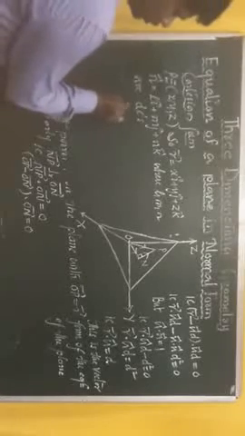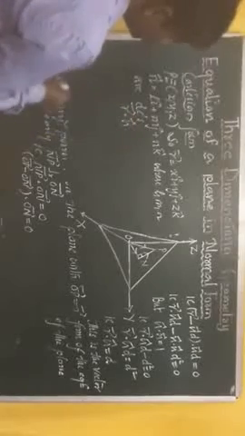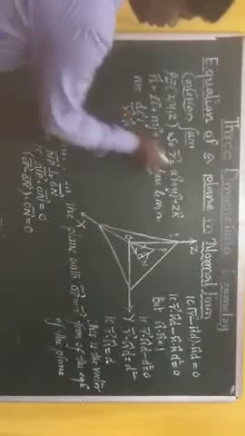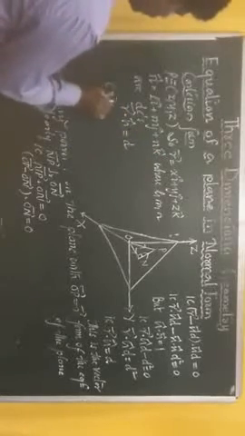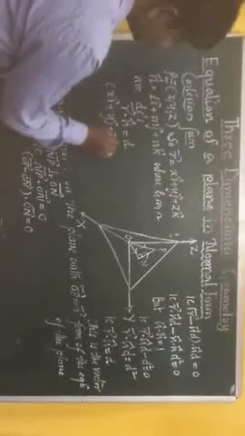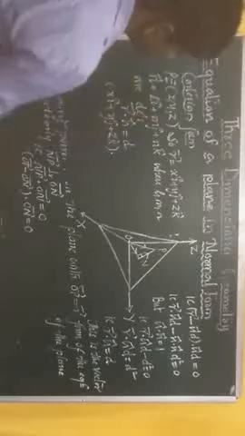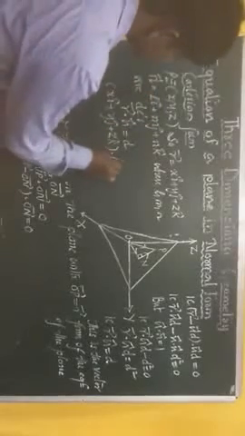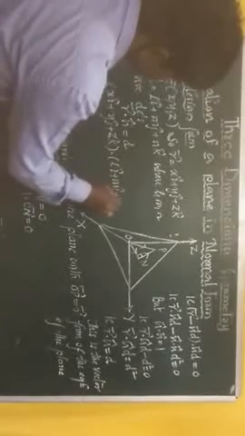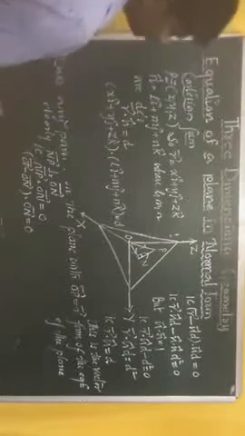Then I am going to substitute these two values into that equation. Vector r dot n cap is equal to d. So r is x i cap plus y j cap plus z k cap, dot n cap, which using the direction cosines is l i cap plus m j cap plus n k cap, equal to d.